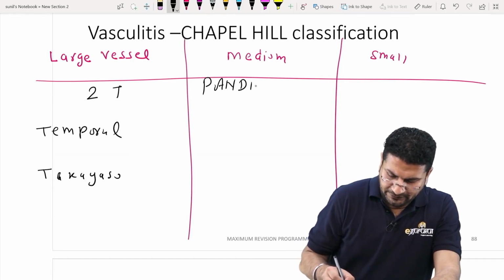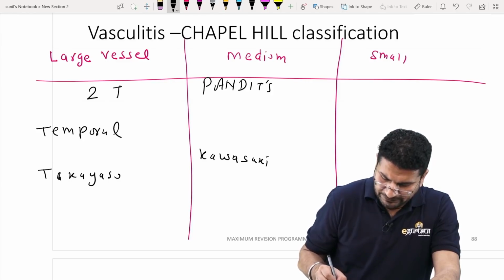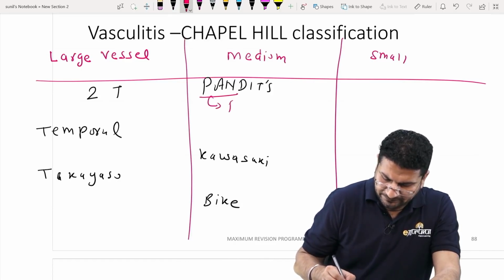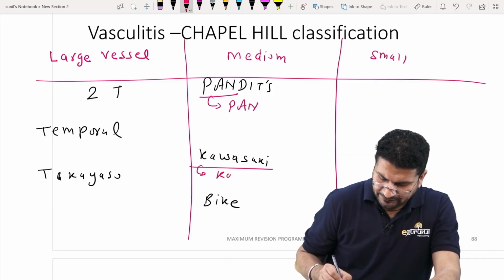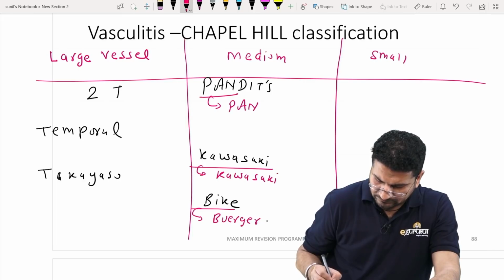Medium vessel, remember a mnemonic, Pandits. Pandit is having a Kawasaki bike. Pan means polyarteritis nodosa. Kawasaki means Kawasaki disease. B for bike, B for Buerger's disease.